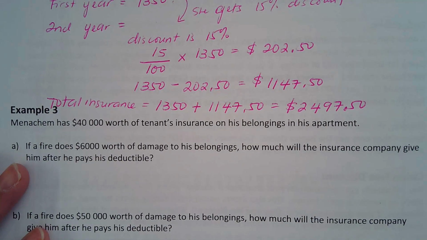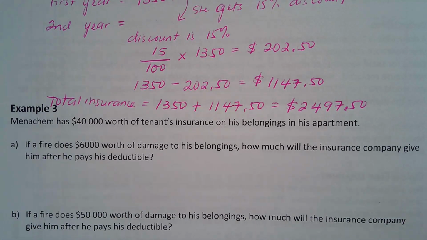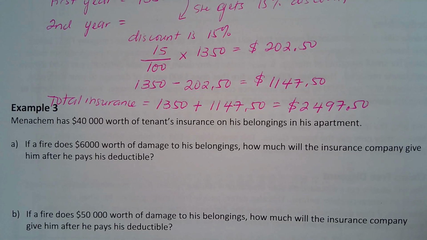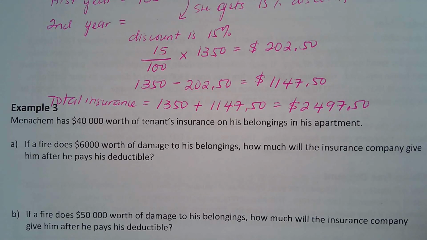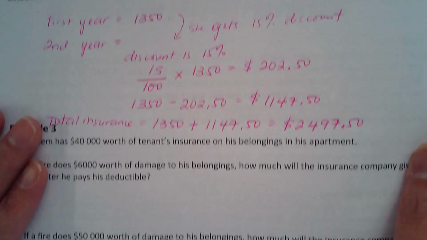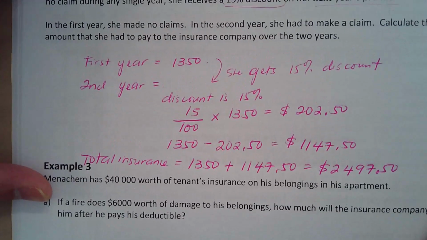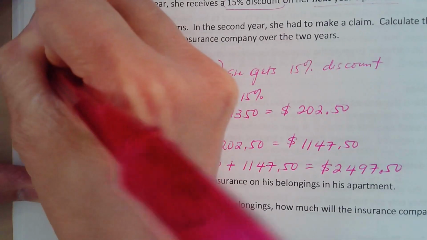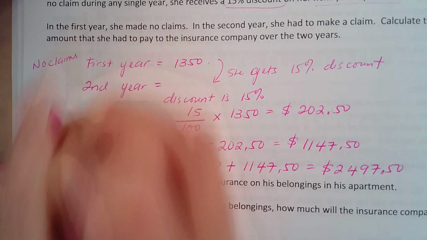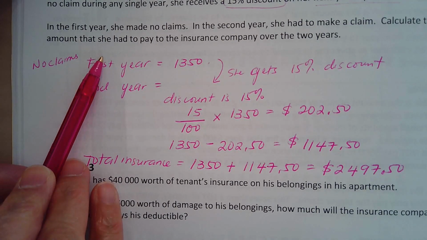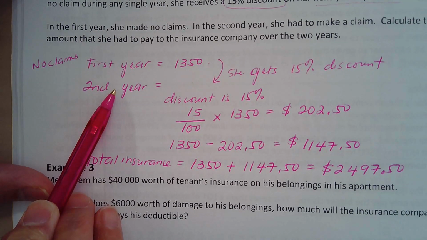Yeah, you okay? Now, they didn't ask about the third year. How much will she pay in the third year? Do you think she's going to have a discount the following year? It says here, first year, no claims. Then on the second year, she had to make a claim.